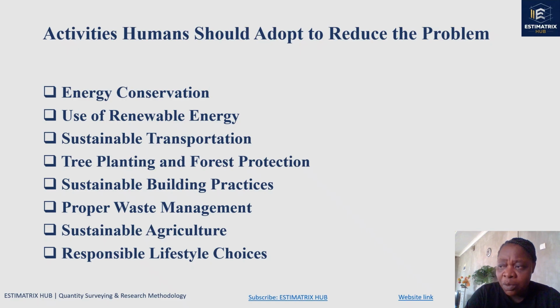We walk. Then we use fuel efficient vehicles. Now we see that we have electric vehicles. Then look at tree planting and forest protection. We need to plant more trees. We avoid bush burning.